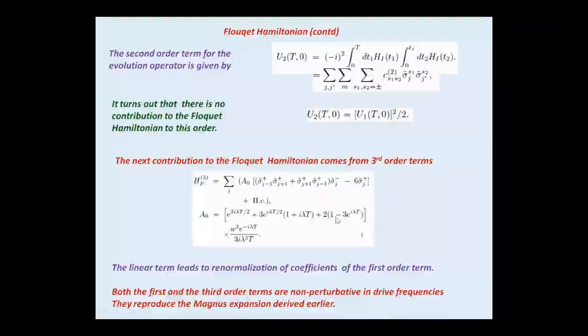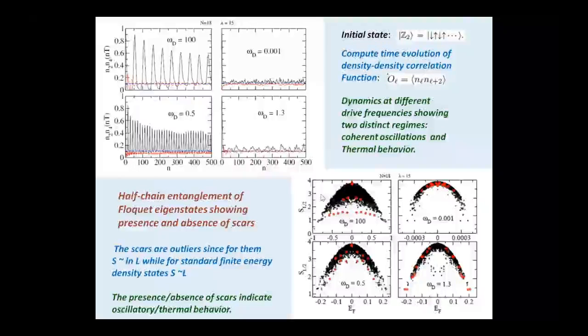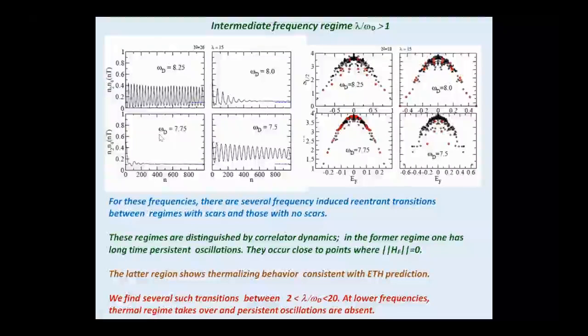And then the dynamics is entirely controlled by the third order term, which is much more complicated, is not of the PXP form, and doesn't have scars. So at this frequency, the first order term essentially vanishes, and the third order term gives you a dynamics which is all thermal.